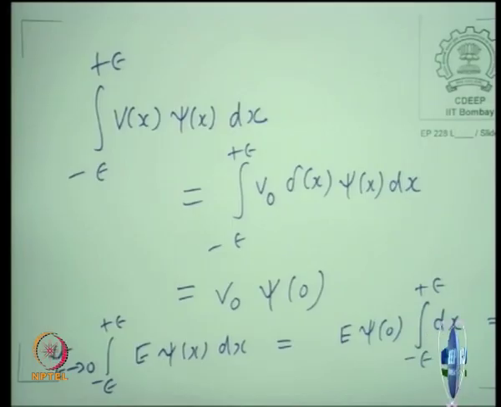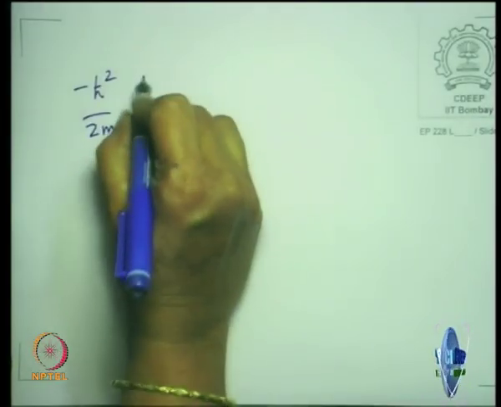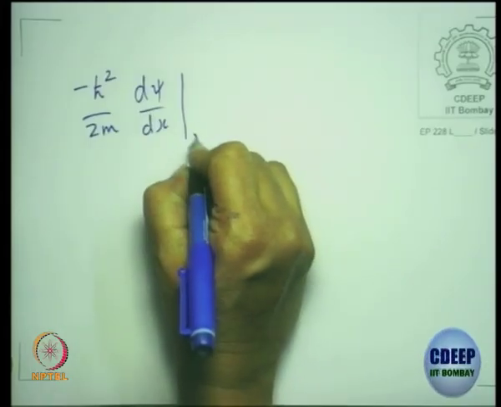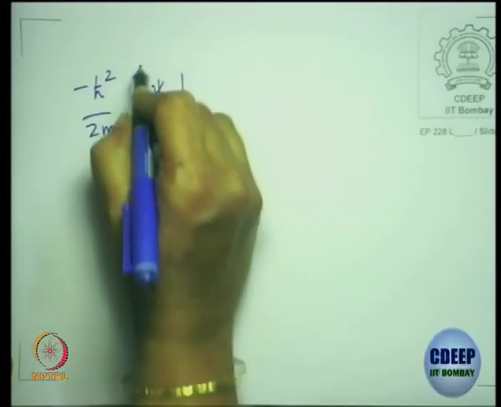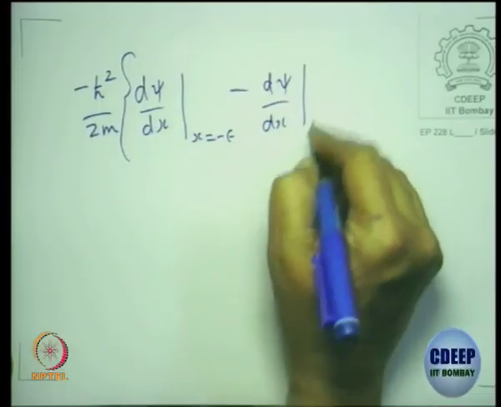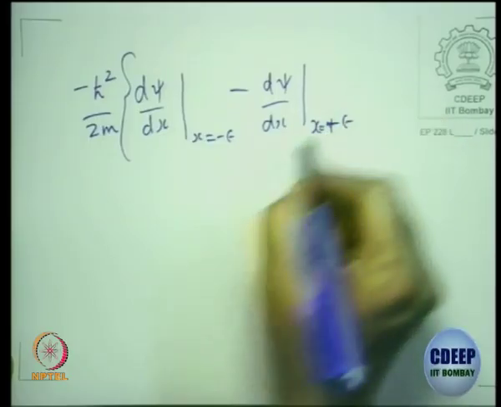So in the context of delta function potentials, we can tell minus ħ²/2m times dψ/dx at x equal to minus epsilon, minus dψ/dx at x equal to plus epsilon, or the other way around.